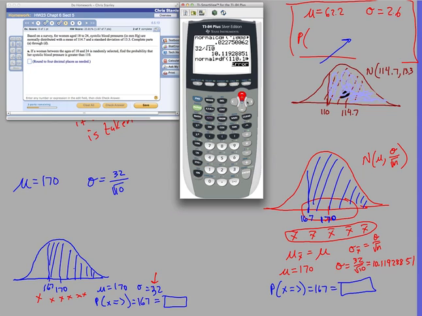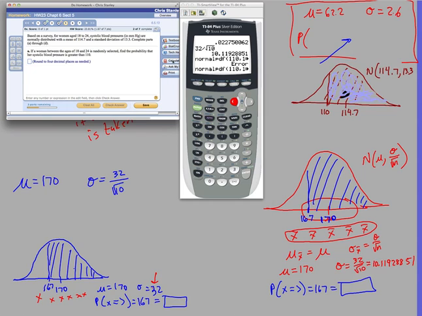I get a problem here. Oh, I see my problem. It's CDF, not PDF.